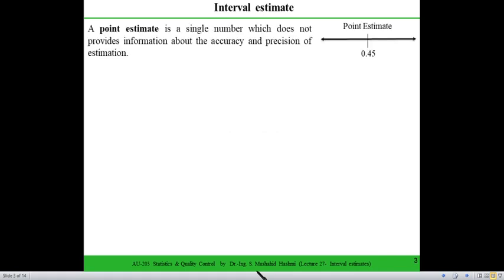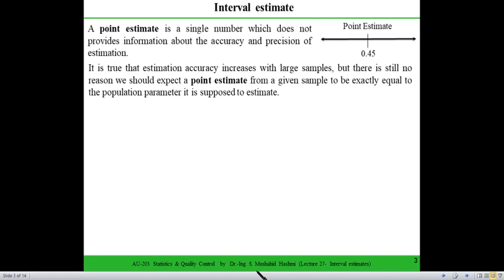So point estimate is a single number which we have already seen in the previous lecture, which is a best value. But this point estimate value doesn't provide information about how accurate and precise this estimation is. So this is one of the issues with the point estimate.